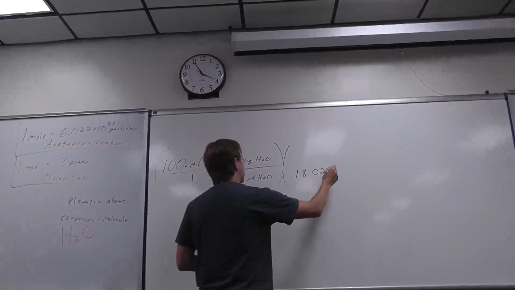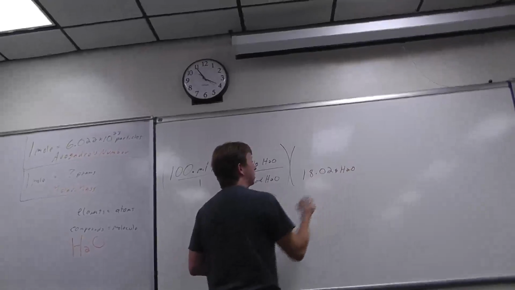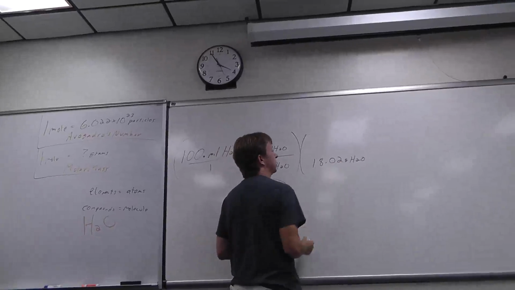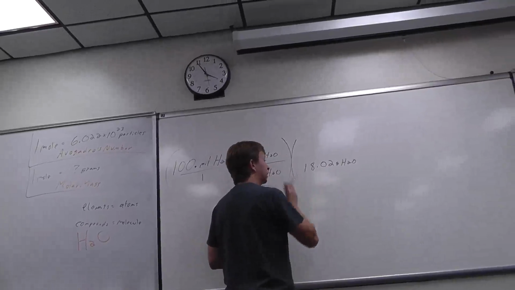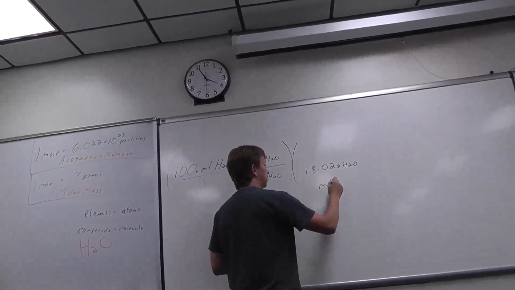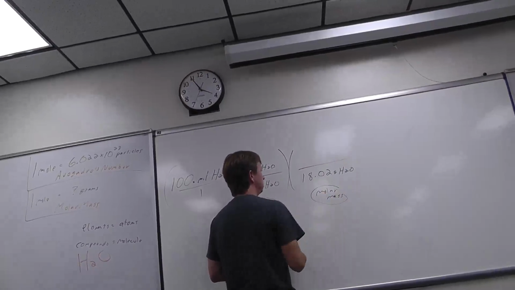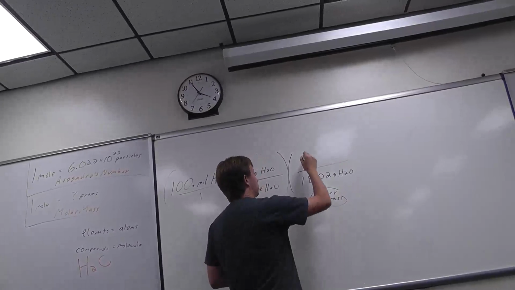We can figure out the molar mass for water. Now, a minute ago I used 18. If you keep the decimals, it turns out to be like 18.02. So I'm being a little bit more specific than I was in that first example. 18.02 grams of water being a mole.